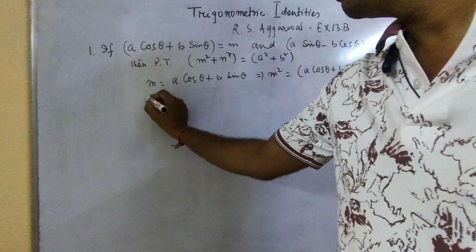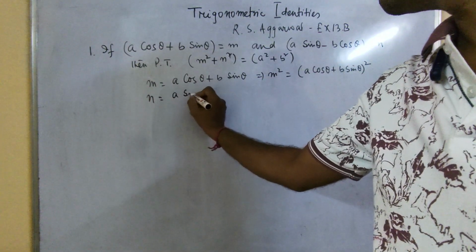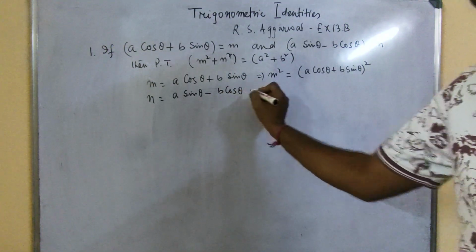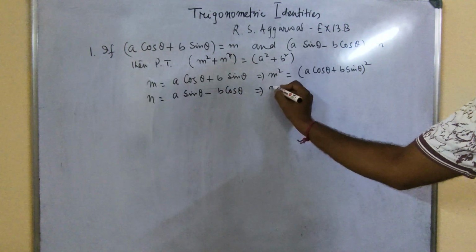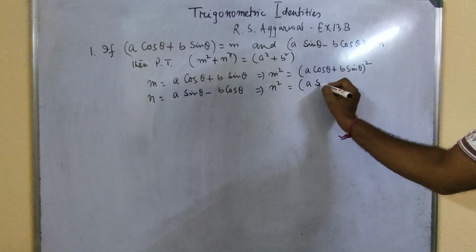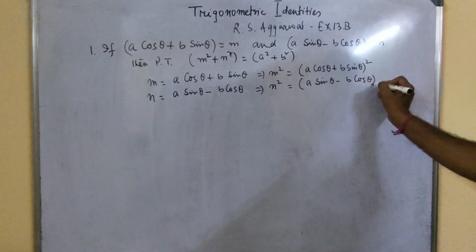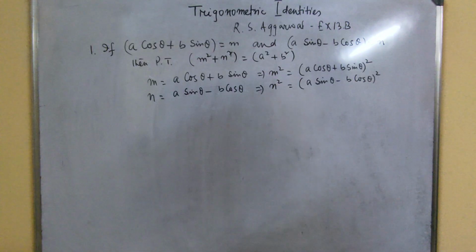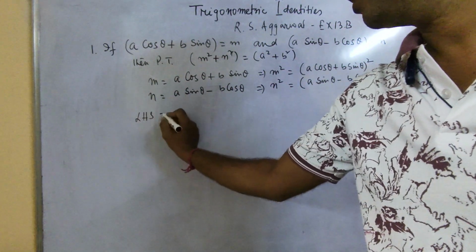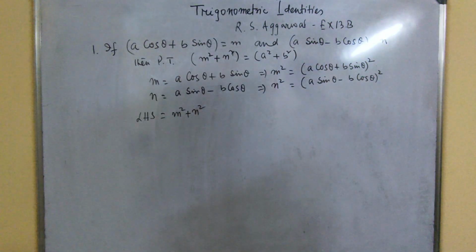Similarly, given n is equal to a sin theta minus b cos theta, therefore by squaring both sides, n square is equal to (a sin theta minus b cos theta) whole square. Now the left hand side is equal to m square plus n square.